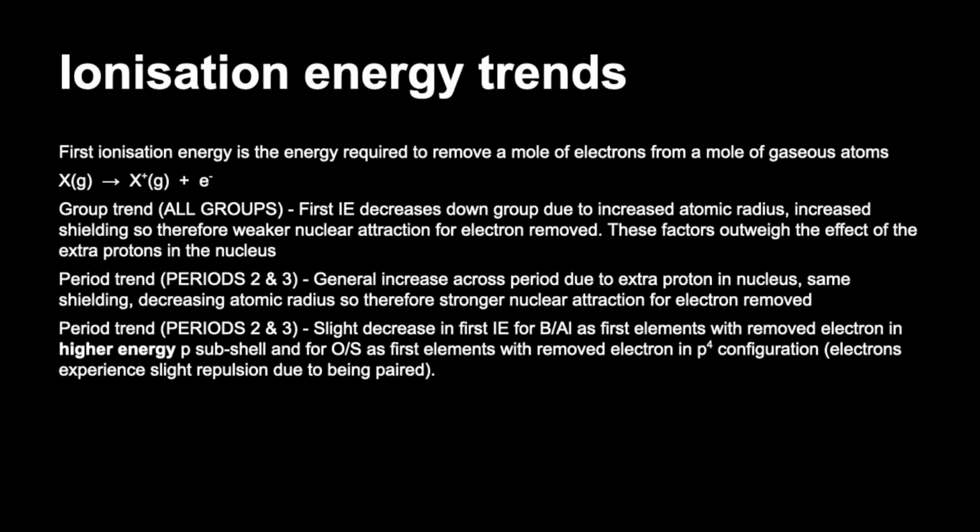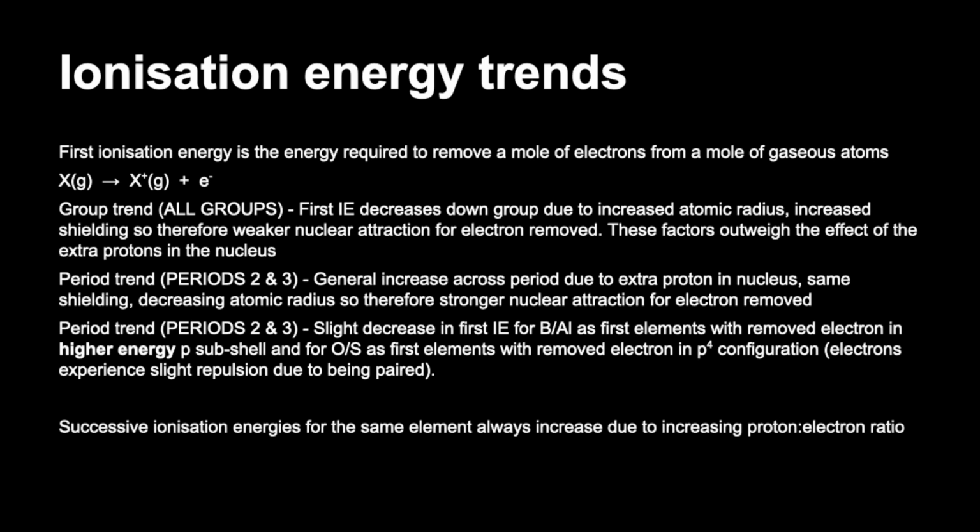And then the other anomaly is for group 6, so oxygen for period 2, sulfur for period 3. These are the first elements in the period with electrons being removed from the p4 configuration. So you've got your first paired electron in a p orbital. The paired electrons experience slight repulsion because they're in the same orbital, so slightly easier to remove.